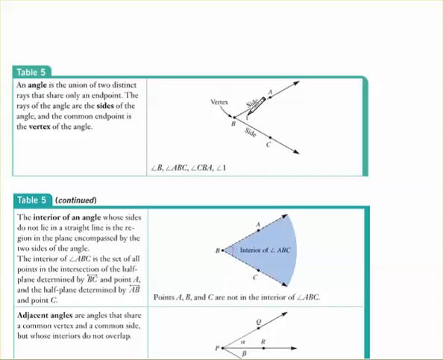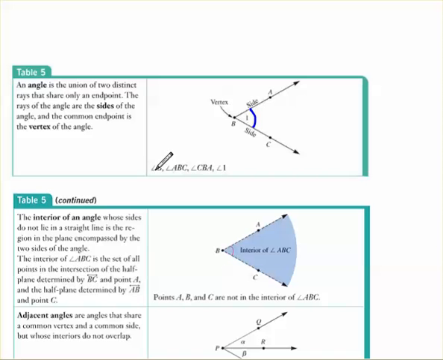We can name it by just saying, okay, this is angle 1, by labeling the interior. Sometimes they'll have Greek letters, sometimes they'll have English letters, but we can just name it by the interior identifier there.